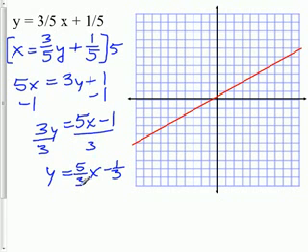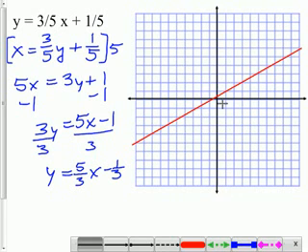So a couple things you'll note there. Take a look at the slope. The slope is 5/3 when before it was 3/5. So we do invert those numbers a little bit, but in this particular case we haven't changed the sign. So let's go ahead and see what that looks like.